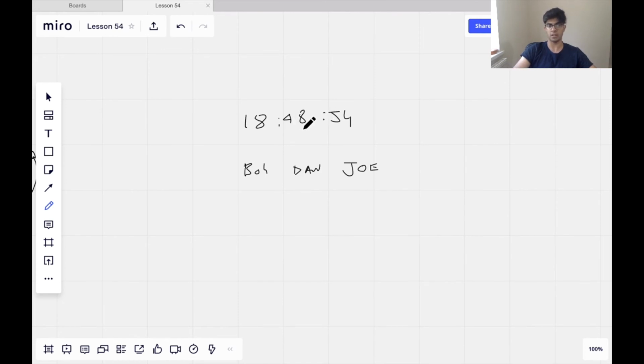So 4 plus 8 is 12, and 12 is divisible by 3, so 48 is divisible by 3. For 54, 5 plus 4 is 9, so that's divisible by 3. And since it's divisible by 3 and 2, the whole thing is divisible by 6. So we divide everything by 6. 18 by 6 is 3, 48 by 6 is 8, 54 by 6 is 9. So we can turn this into the simplest form.